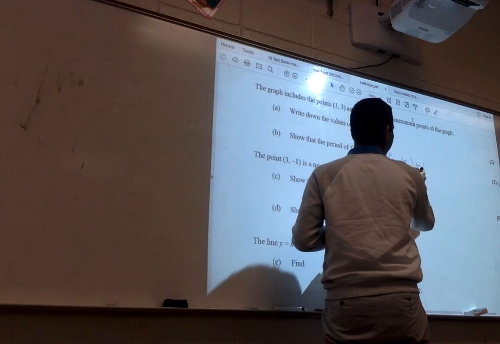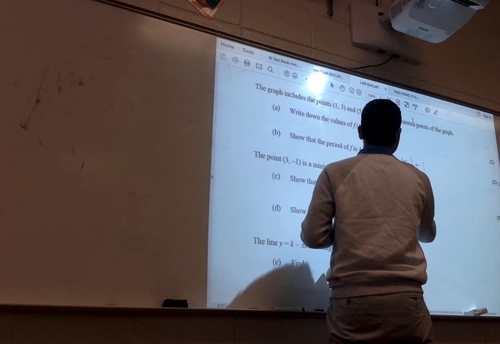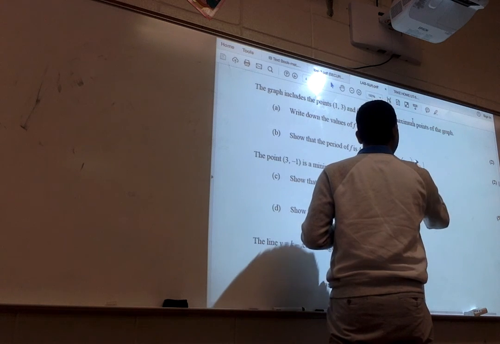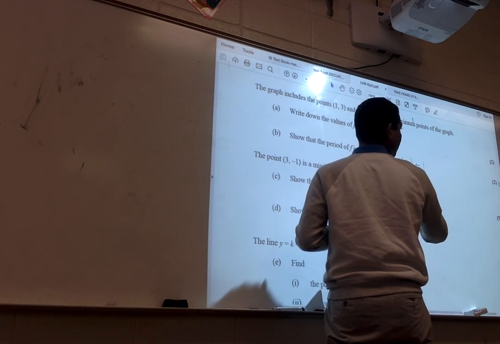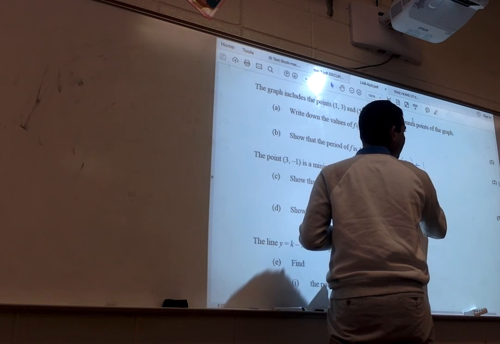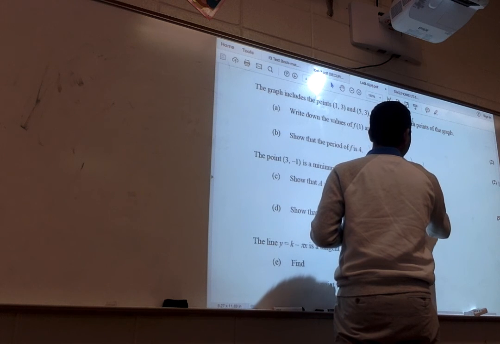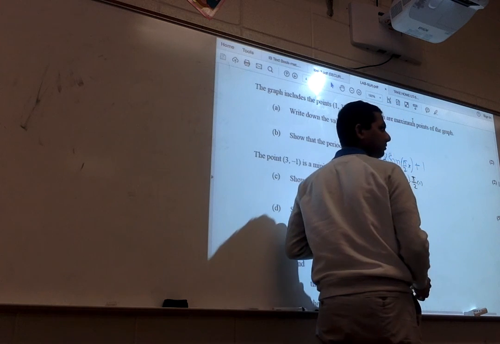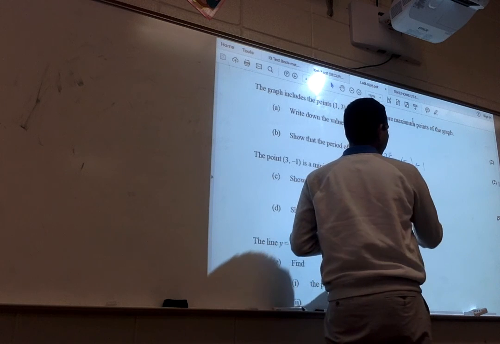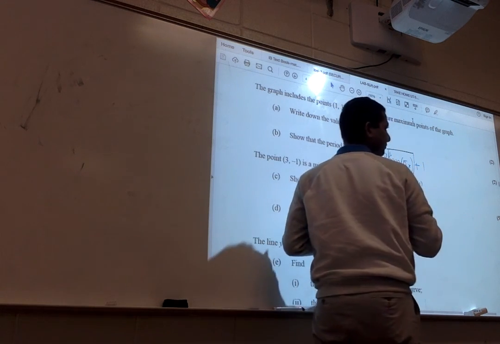What is the derivative of sine? Cosine pi over 2x. And what's the derivative of the inside of the function? Pi over 2 is constant, right? So what is the derivative of x? So it's going to be pi over 2 times 1. This is the derivative of this function.